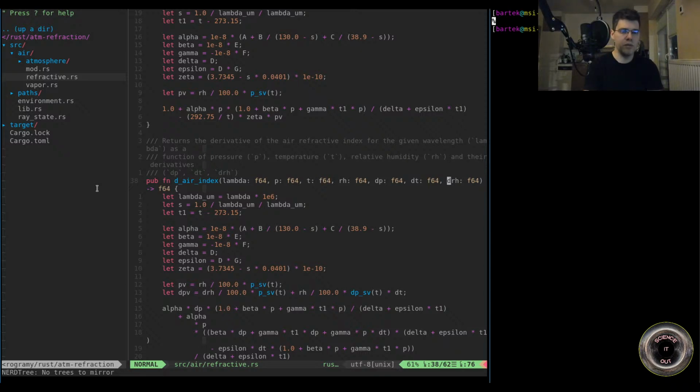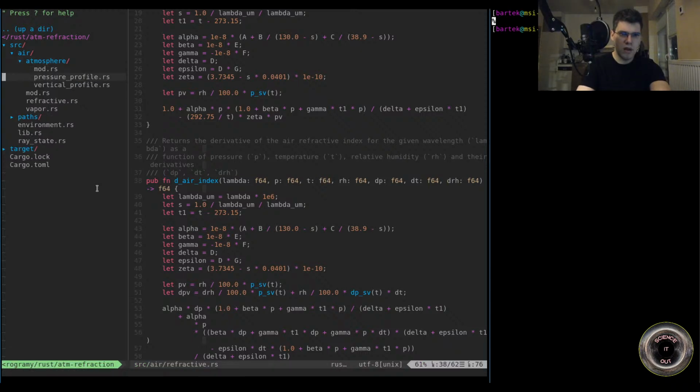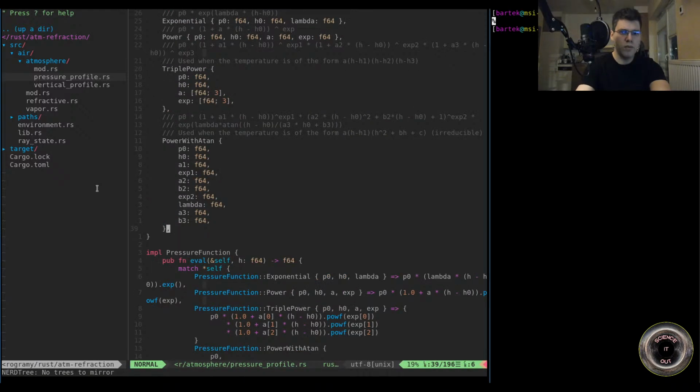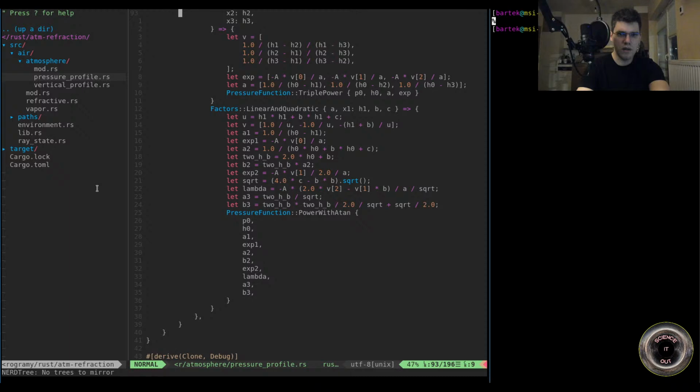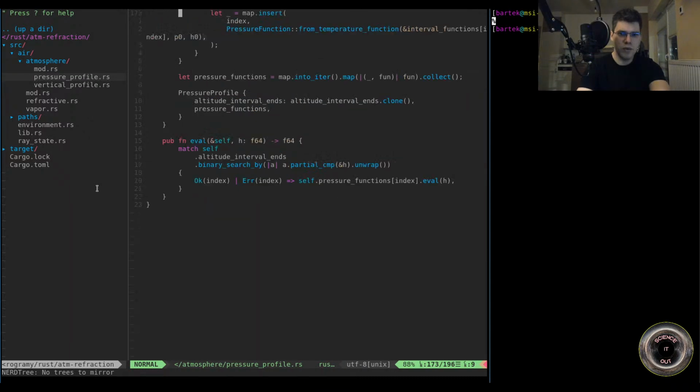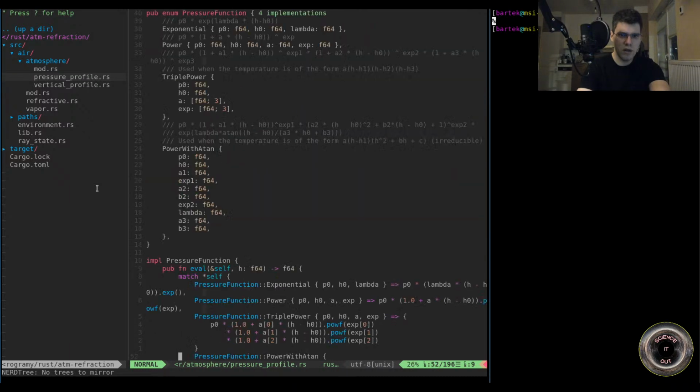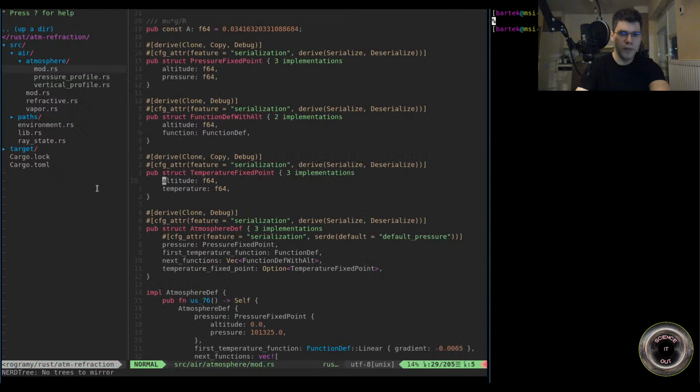And basically the simulator, if I remember correctly, is doing that, or no? No, I think it's here. If you look at the pressure, there is a bit of scary maths here as well. No, it will be here.